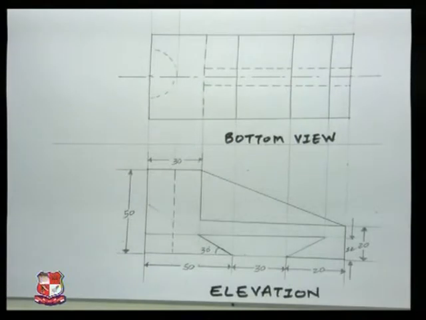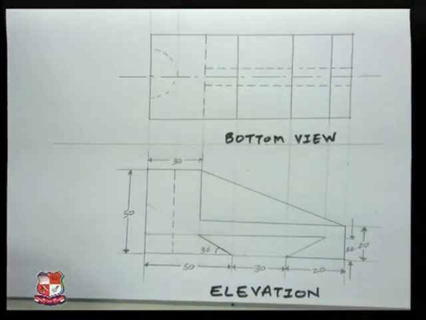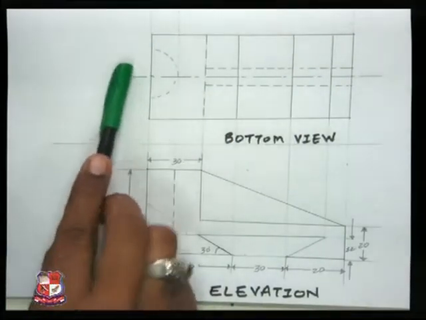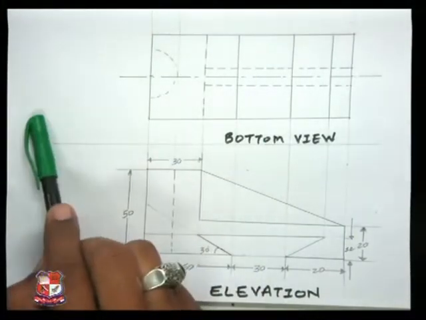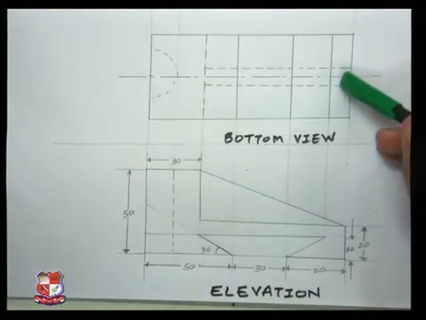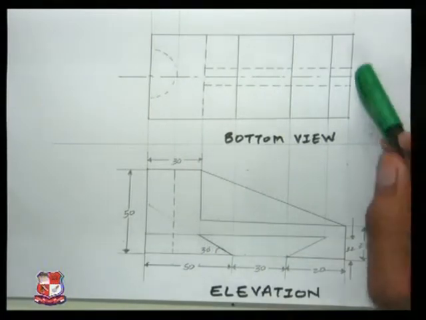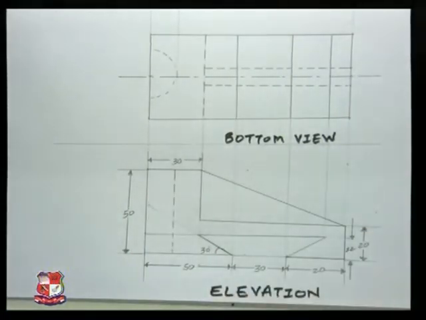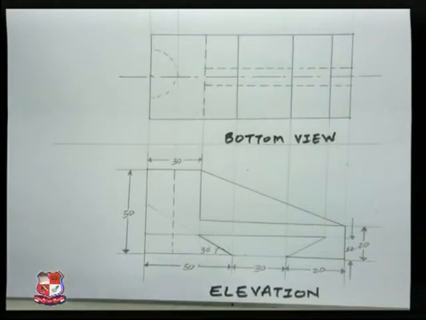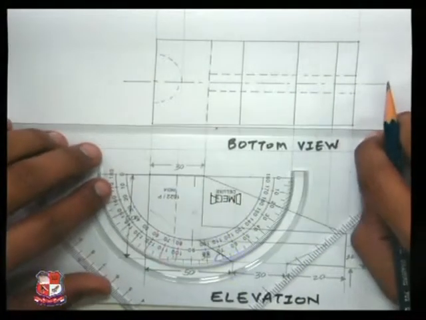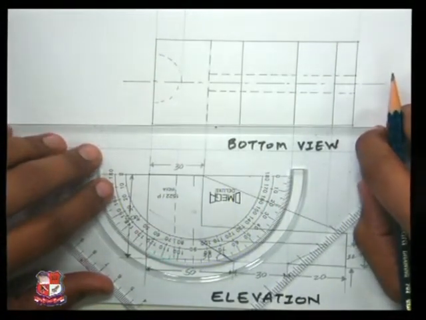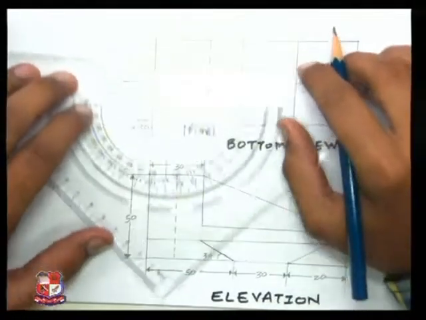Remaining dimensions need to be given. Remaining two dimensions are there. First is this width and another is the thickness of this rib. Only two dimensions to be given in this portion. Extension lines.